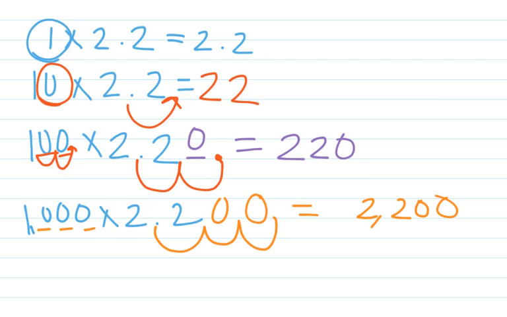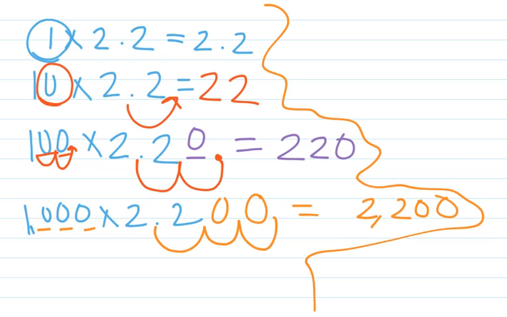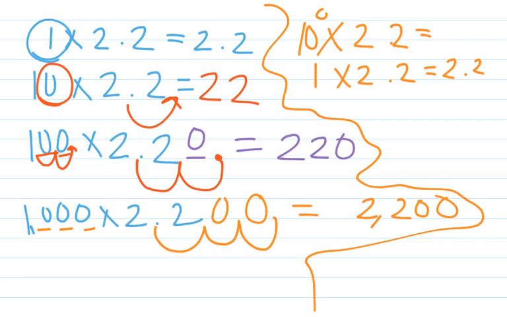Now, boys and girls, if we had the same problem, but we use powers of 10. If we had 10 to the 0 power times 2 and 2/10, we would evaluate 10 to the 0 power as 1. 1 times 2 and 2/10 is 2 and 2/10.